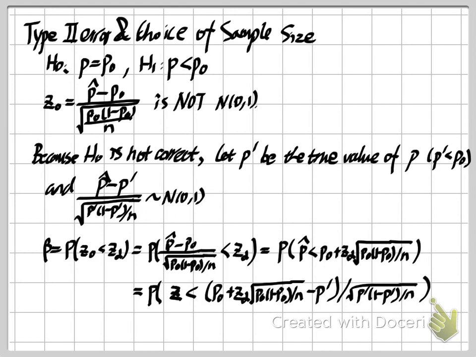Now, for this whole expression, we can denote it by negative Z beta. From this negative Z beta, we can get an equation for our sample size. This sample size looks like this. I will start a new page for this.